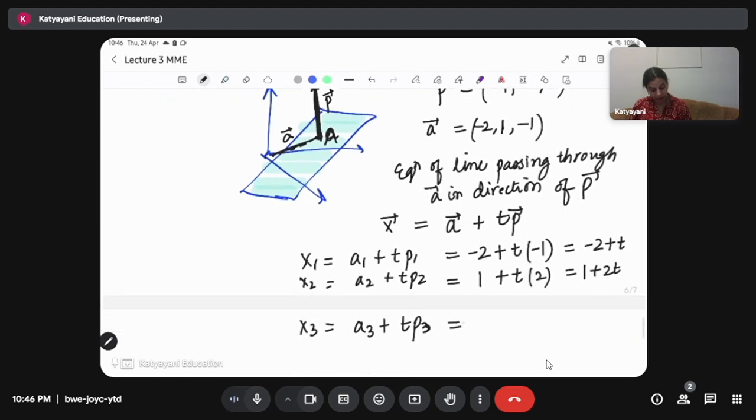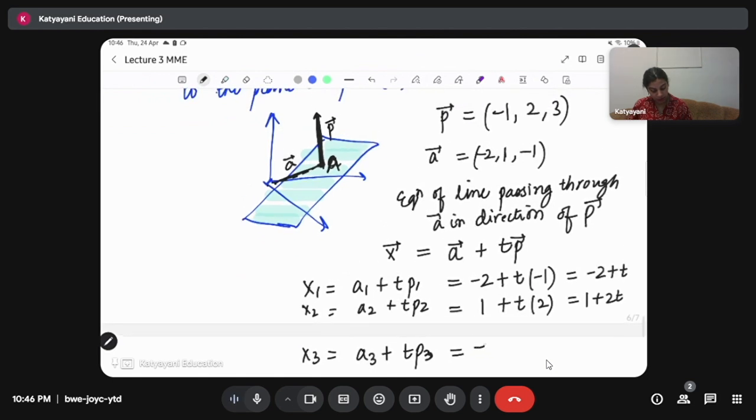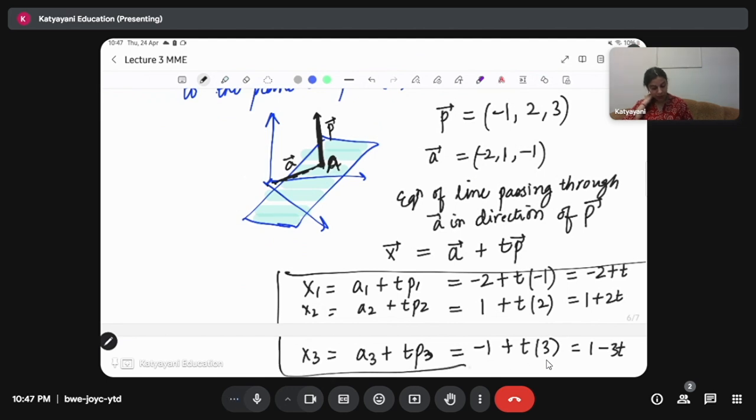Similarly for x3, A3 is -1 plus t times P3, which is 3, so you get -1 plus 3t. So this entire thing is the equation of the line that passes through point A and is normal to the plane.